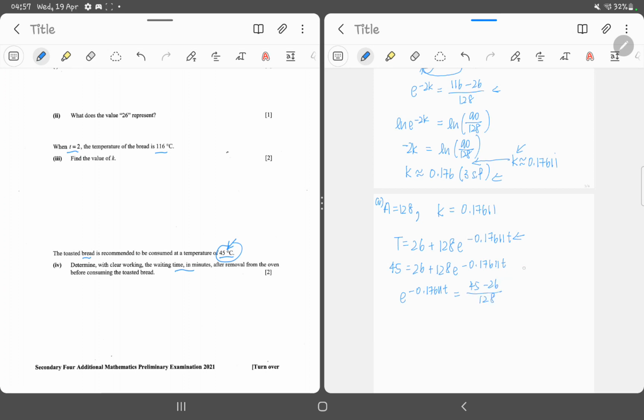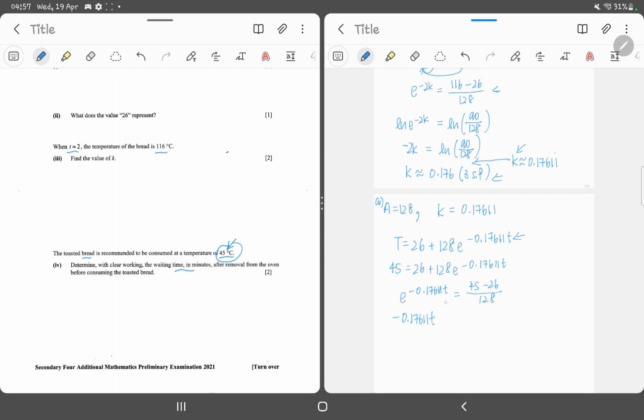Now same thing, I'm going to take the natural logarithm on both sides of the equation. So after taking the natural logarithm on the left hand side, we get minus 0.17611 t.